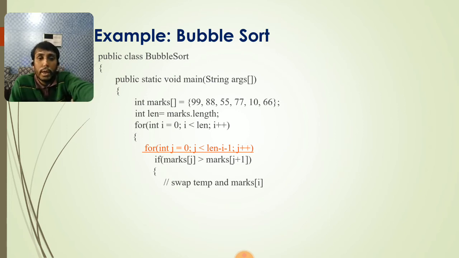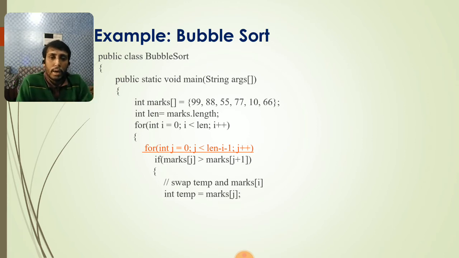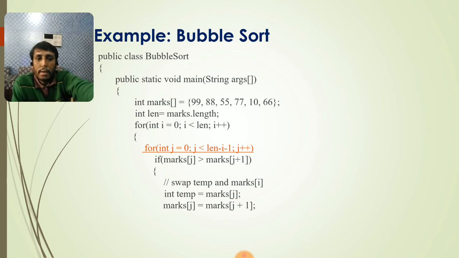So let's look at how swapping is done. We are going to declare one more variable, as I told you, the third glass: int temp, and in this temp marks j will be shifted. So marks j is now 99. So 99 will be shifted to the temp variable, and then marks j will be empty because marks j's value is shifted to the temp variable.